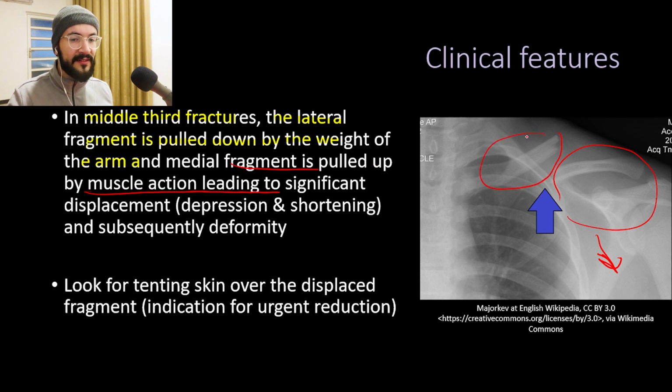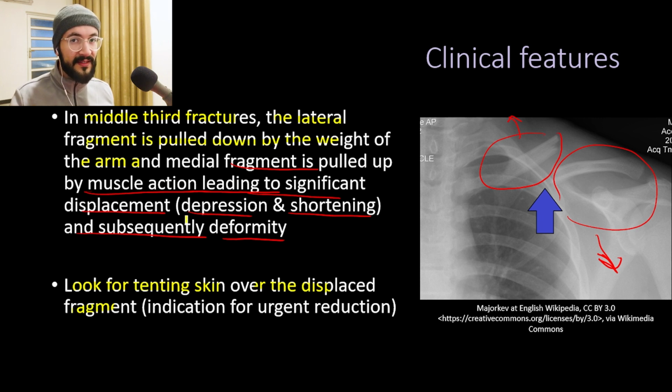This fragment here, the medial fragment, is pulled up by the sternocleidomastoid action, leading to significant displacement, depression, and shortening, and subsequently deformity that is obvious. So always look for this deformity and try to compare both shoulders looking for it. And also look for tenting of the skin over the displaced fragment. So when the fragment goes into the skin, it causes a tent type of shape.